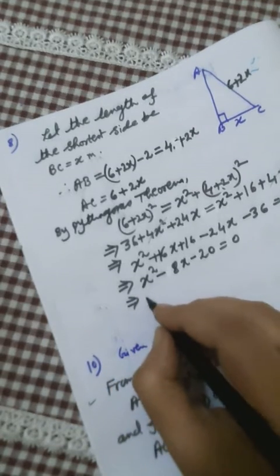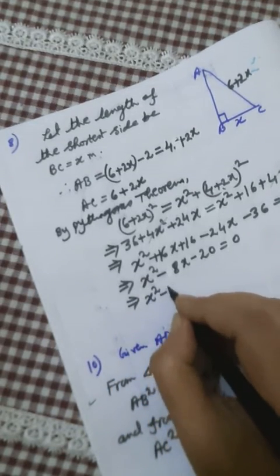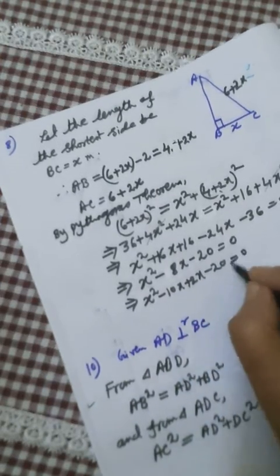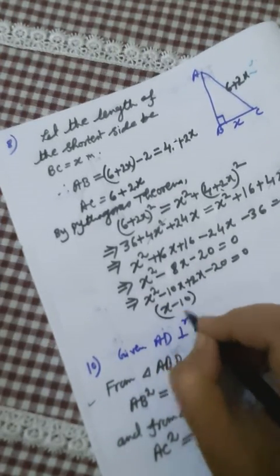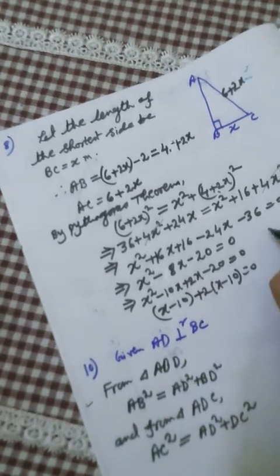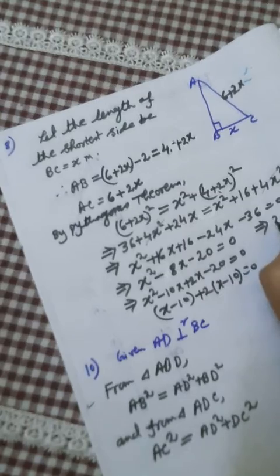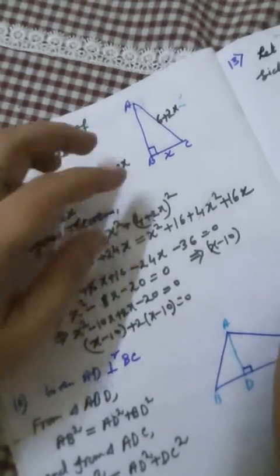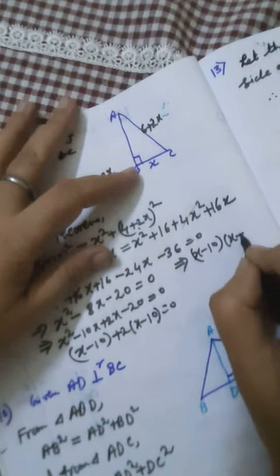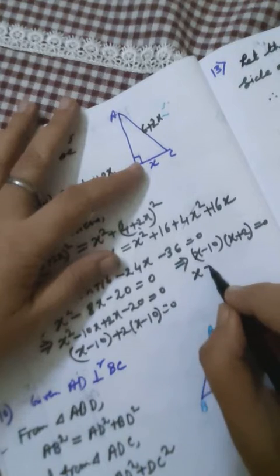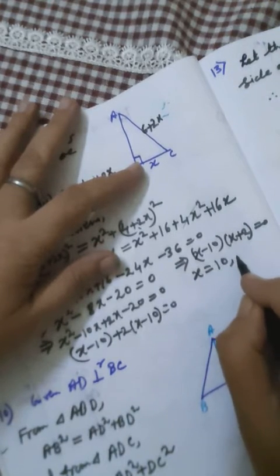Middle term factorization. x square minus 10x implies, as I said, x is going to represent a side, therefore x equals 10 and minus 2.